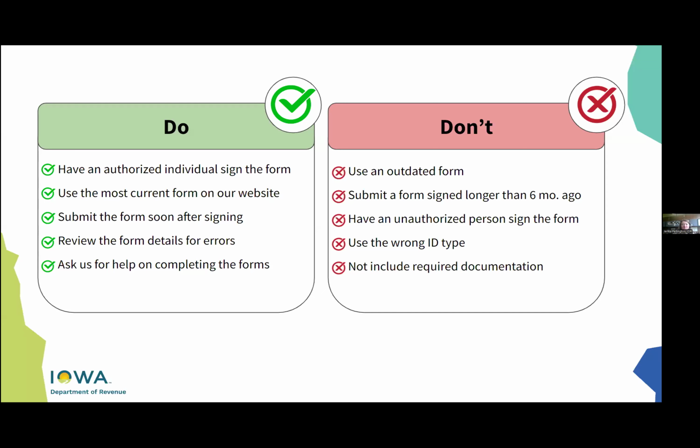So like we talked about before, authorization is very important to us. So we recommend that you do not have somebody unauthorized sign it, or you include that rep cert form. The fourth one is don't use the wrong ID type. So we talked about how a tax professional should use the EIN or their social or another number, not the organization's FEIN. And then lastly, don't forget to include that required information.